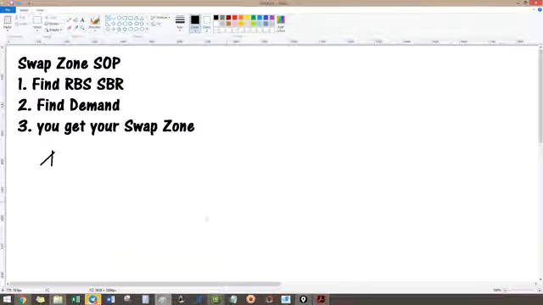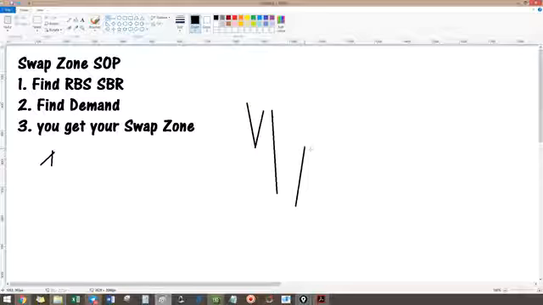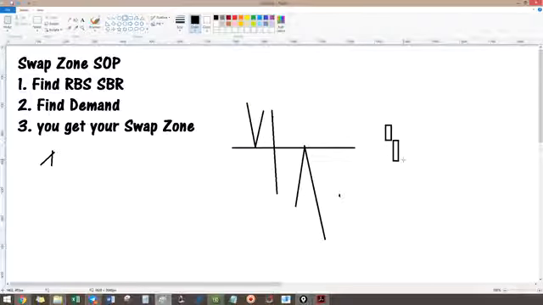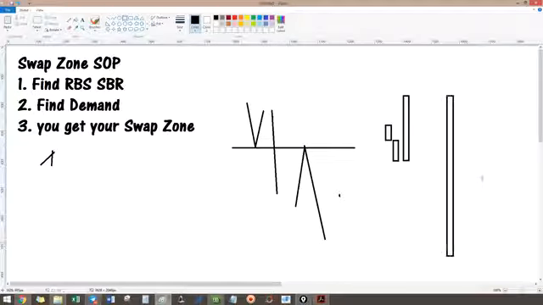So it will be something like this. You will see something like SBR, like this, and then it got broken, then it goes like this. And then you change to candlestick, you will have something like this.